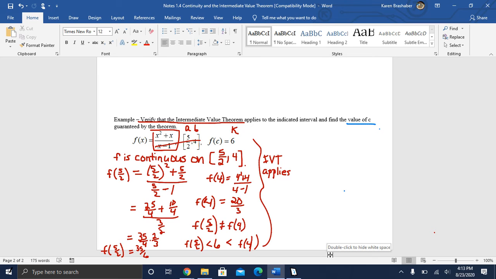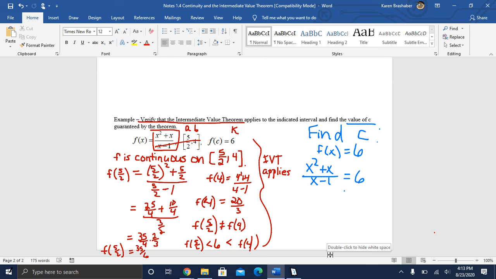All right, so to find C, you will simply set your function equal to the k value that you're interested in. So we'll set f of x equal to the 6. All right, so your f of x is x squared plus x over x minus 1. We're setting that equal to 6.